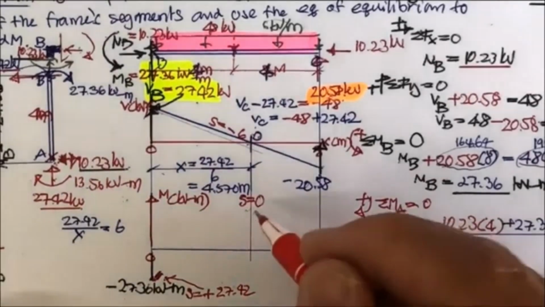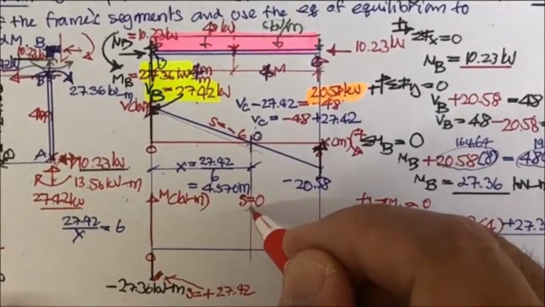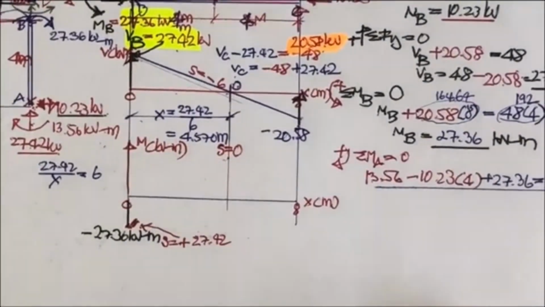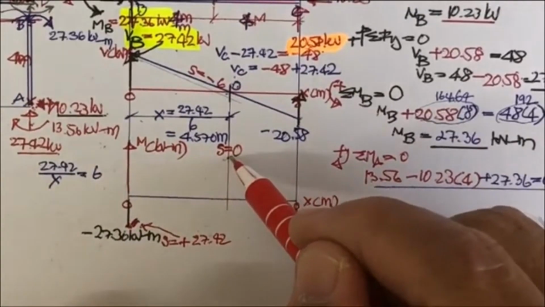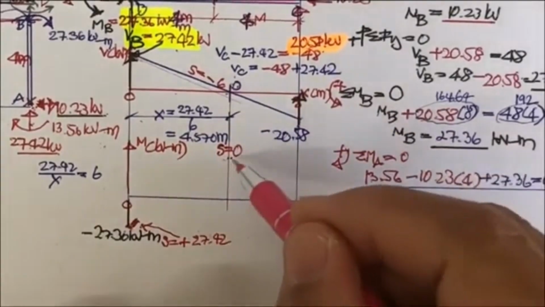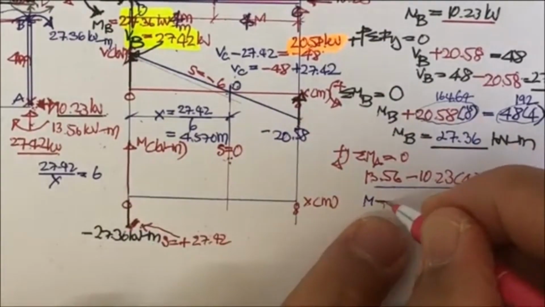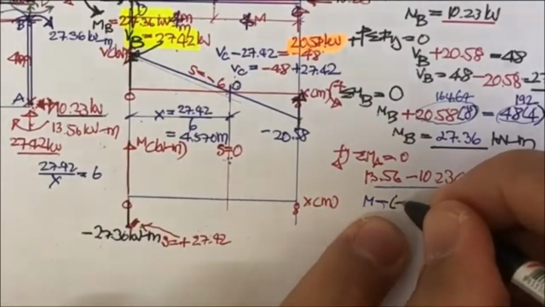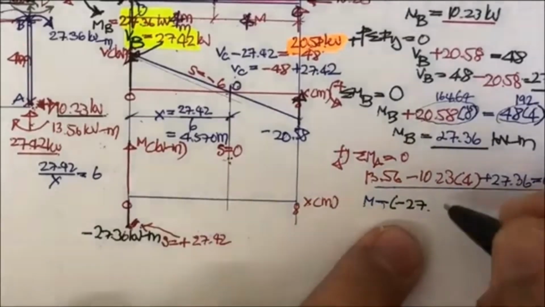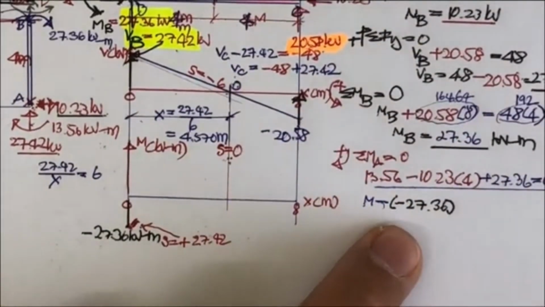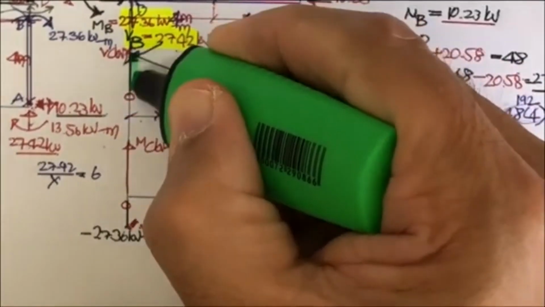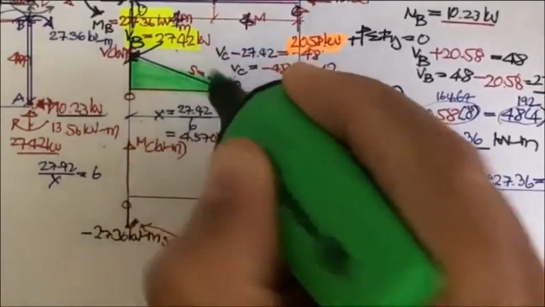And what's going to be the moment here? Let me do the calculation. The moment here minus the moment here. The moment here is going to be M minus of here is minus of minus 27.36. Okay, and that is going to be the area here.